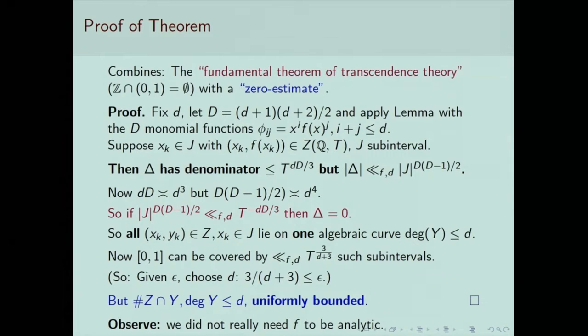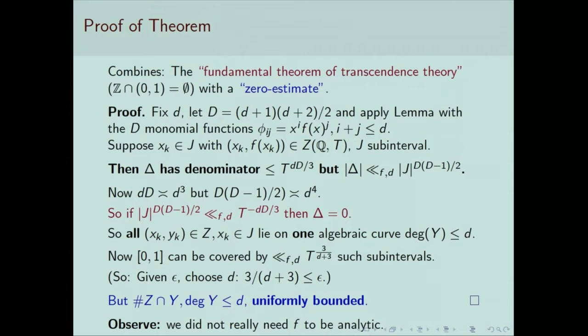And of course, if you now take the (D−1)th root in all of this and work out the width of the interval, you discover that the interval [0,1] can be covered by this many intervals. And that number, with exponent 3 over d plus 3, can be made to go to 0. So now what you do, if you're given epsilon, is choose d such that 3 divided by d plus 3 is less than epsilon.